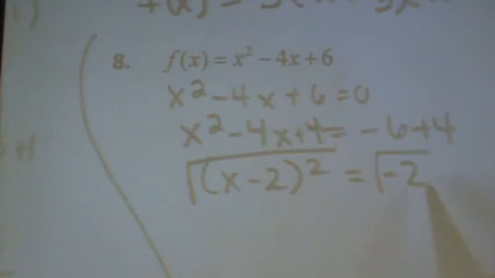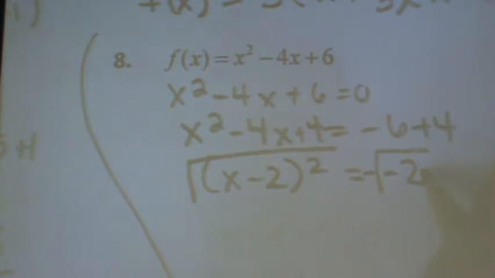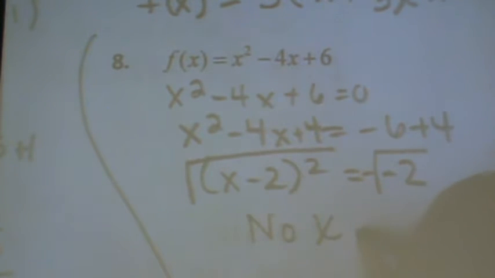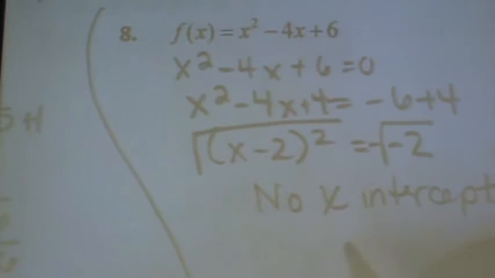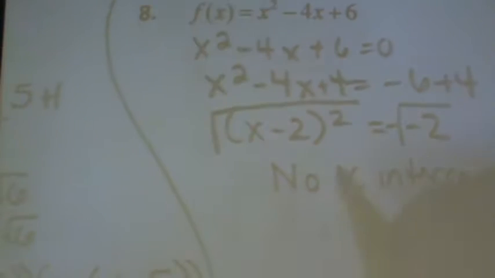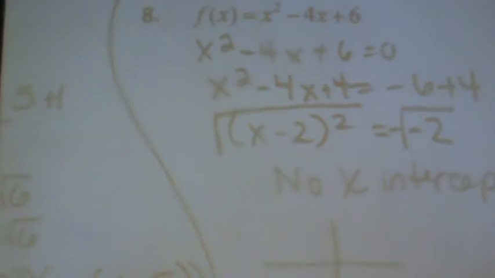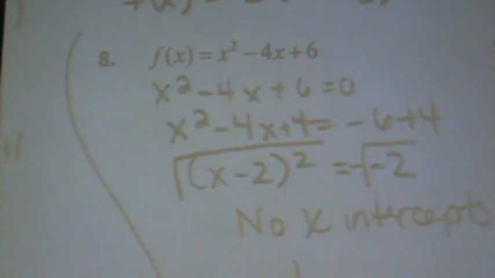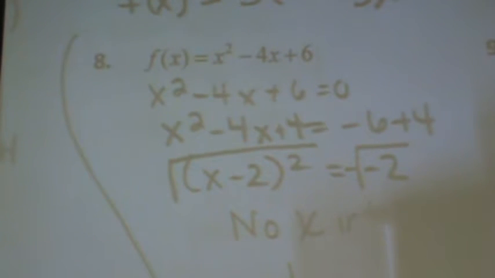That means there are no x-intercepts. You can't take the square root of a negative number. So since there are no x-intercepts, you can't write this in x-intercept form. When you graph this, let's take a look at what this thing looks like if you graph it.